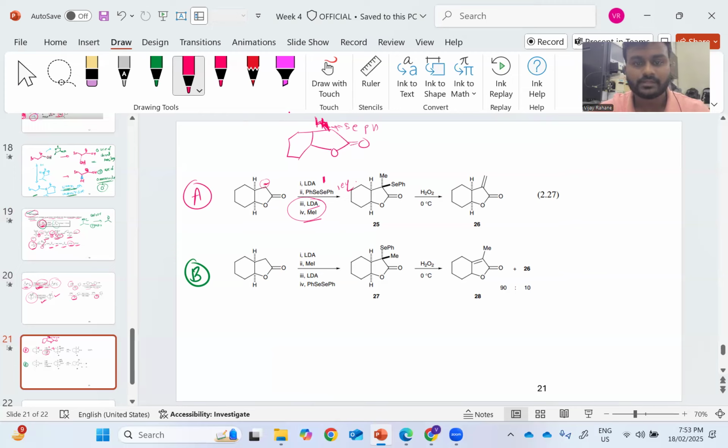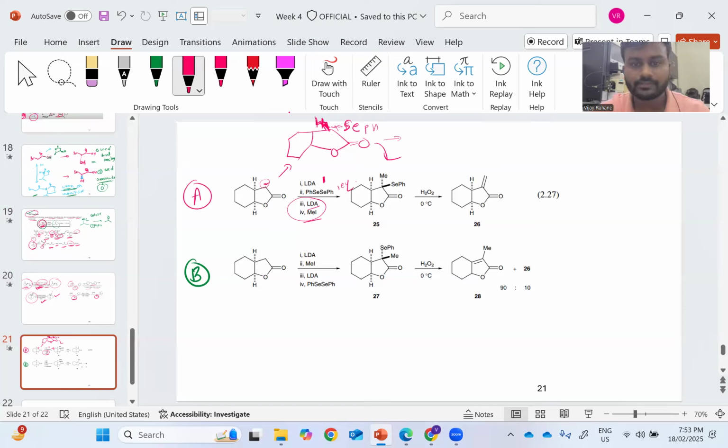The next step will be converted with LDA plus methyl iodide. So if you look at this, the hydrogen is exo, and the entire structure will be inside, right? So the SePh will remain exo in the first step, but when you abstract the proton, it gets into planarity, right?